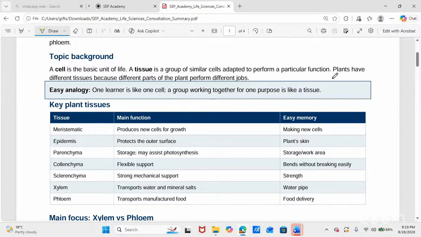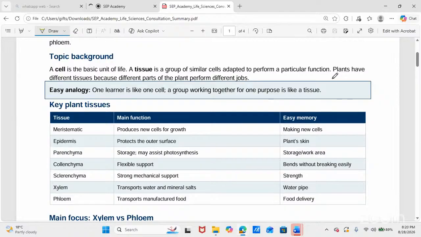So that's the same with plants. Each tissue has its own function. When there's a tissue assigned for delivering water, that tissue will deliver water. And when there's a tissue assigned for support, it will do just that. So I think that's explained. Now we're going to move to the epidermis. They're saying that the epidermis protects the outer surface. In a plant, you have a leaf.